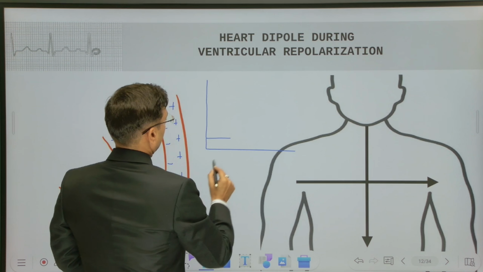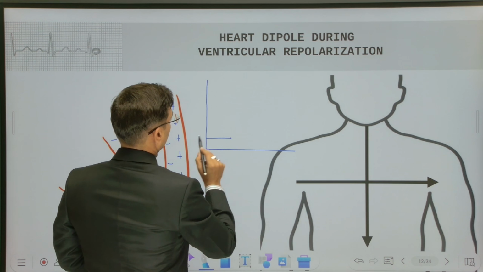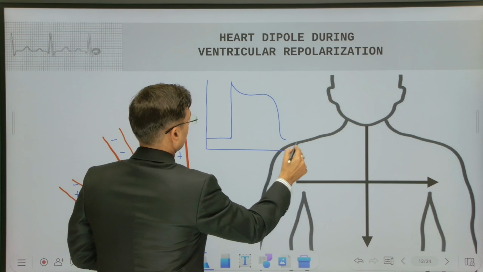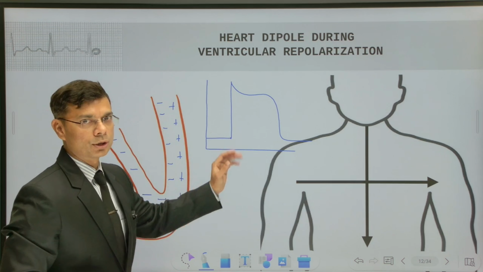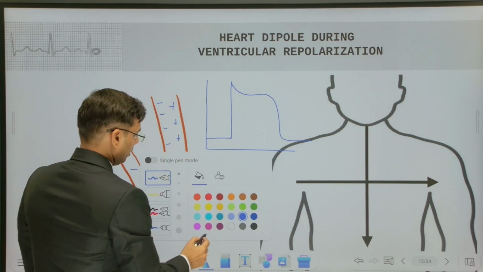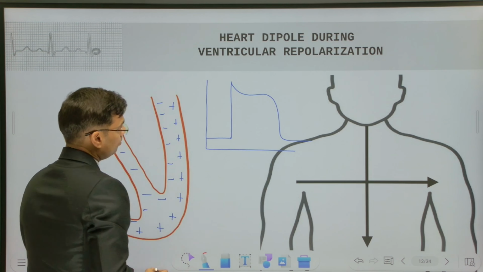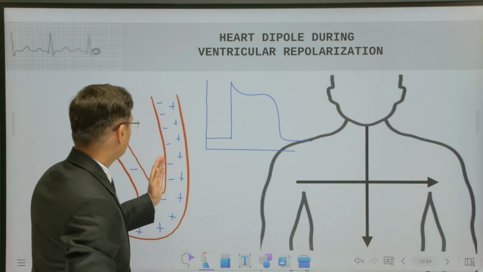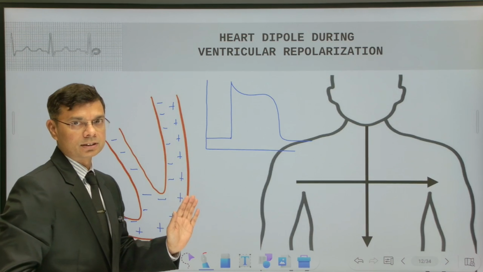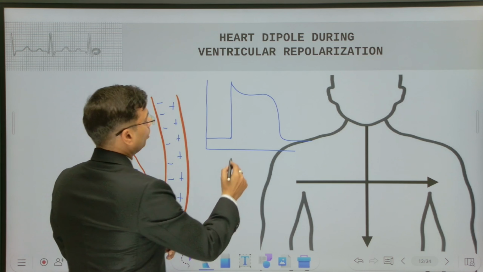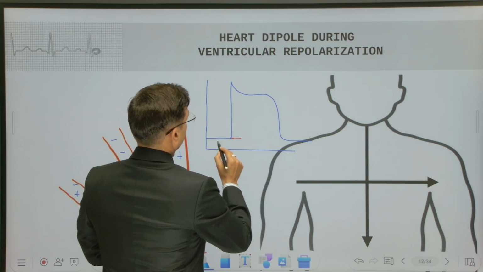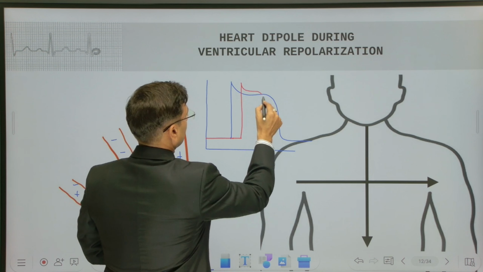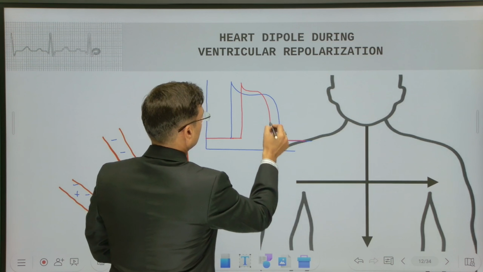Let's say I am making the cardiac potential of endocardial cells, and it is something like this. Now I am drawing the cardiac potential of epicardial cells. Because epicardial cells start to depolarize later, I am making it with some delay. They start here, let's say, but they start their repolarization early.